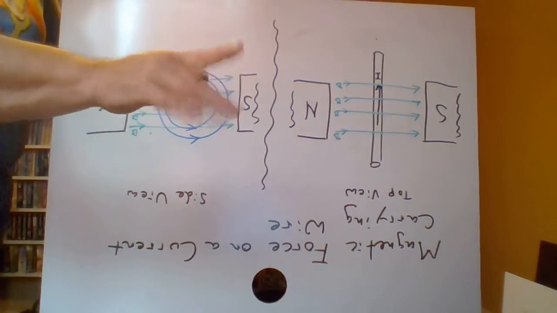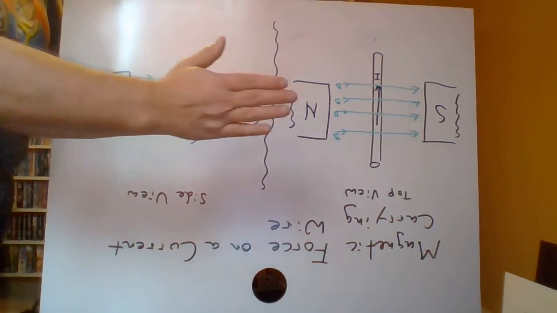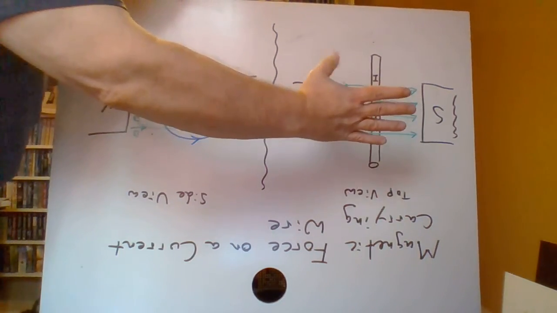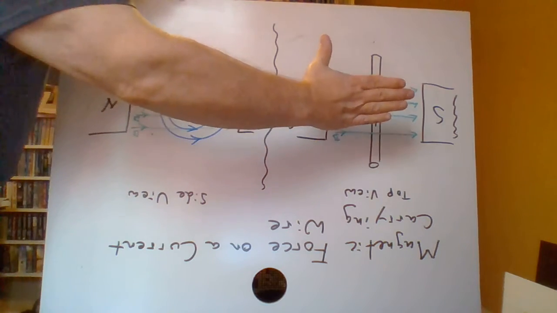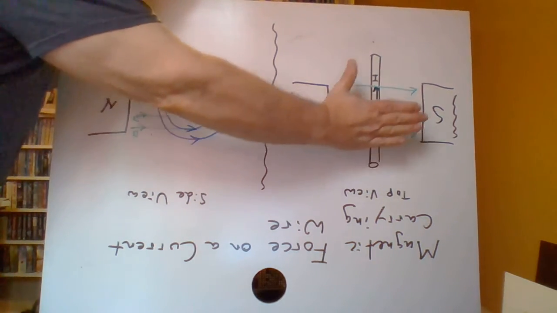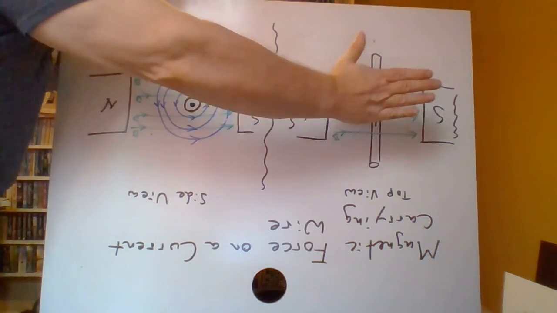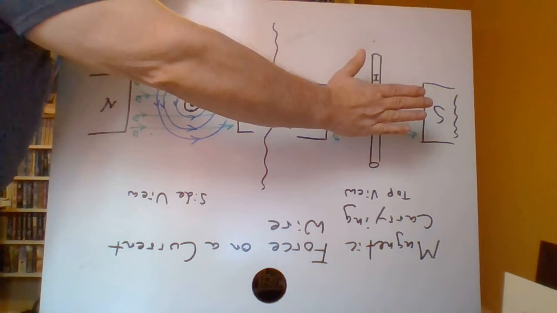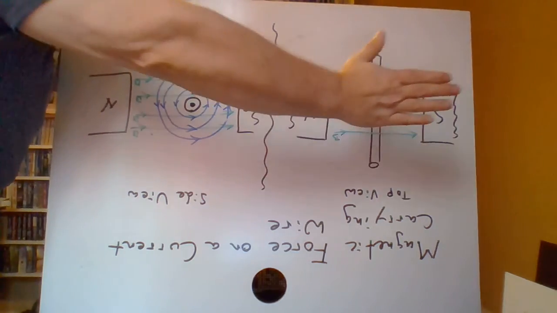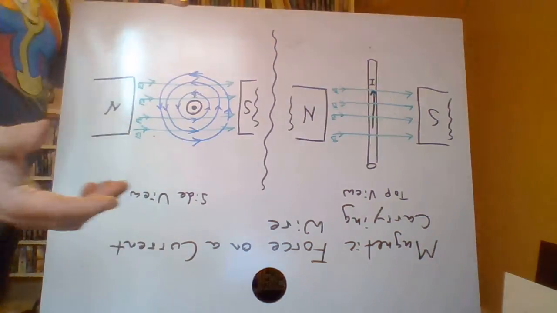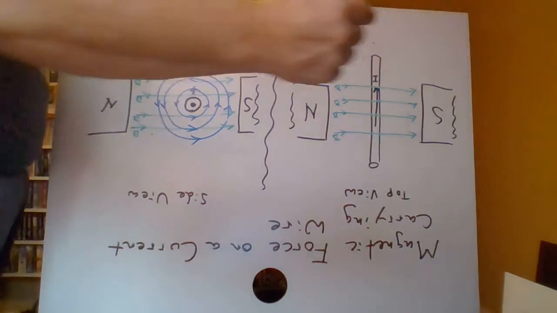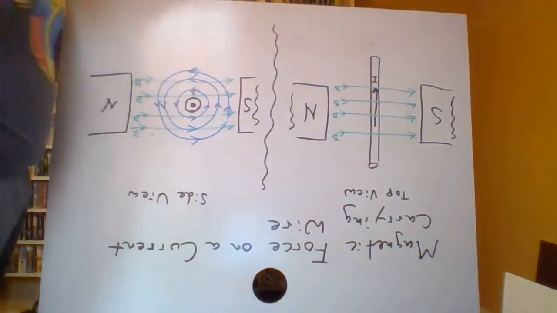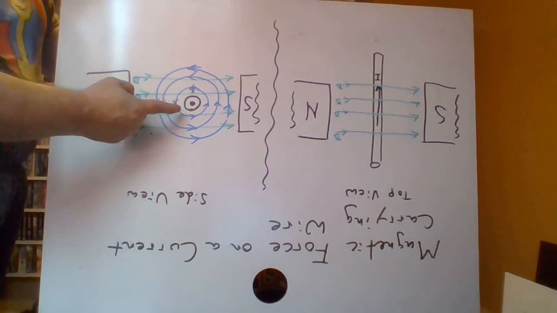So my fingers point from north to south. See? There's the flux lines. Look at my thumb. My thumb is in the direction of I in the wire. Which way is my palm pressing on that wire? It's pressing down into the page. Now, didn't we say that a moment ago, that that's the way the force would be acting based on this diagram?